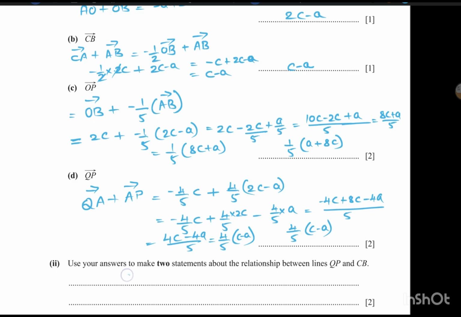This is one relationship. And vector QP and vector CB are parallel to each other, because when you get the same vector with a multiple, then they are parallel. These are the two statements.